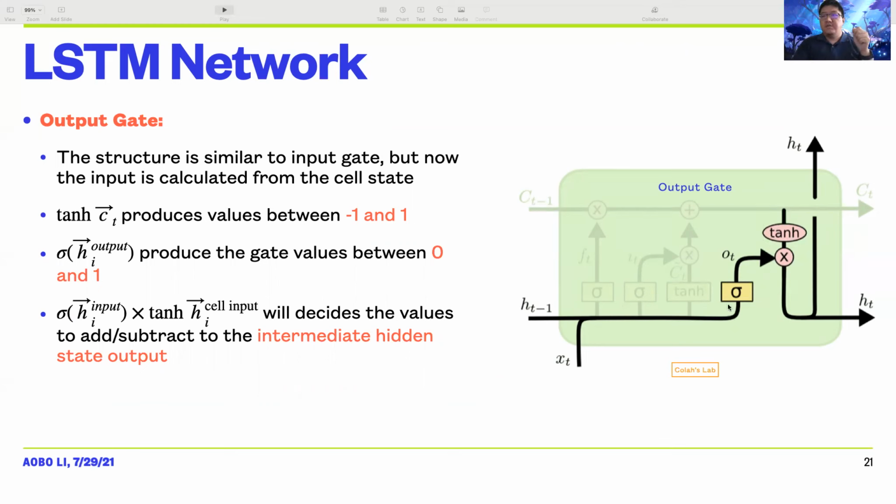We use the output gate to control the hyperbolic tangent cell state value, and then we multiply them together. This decides the value to add or subtract to the intermediate hidden state output. We output this as an intermediate hidden state, again to the next recurrent step, to the next input.